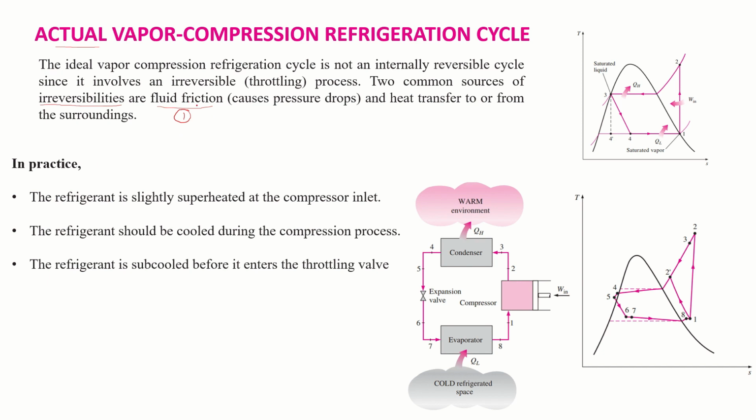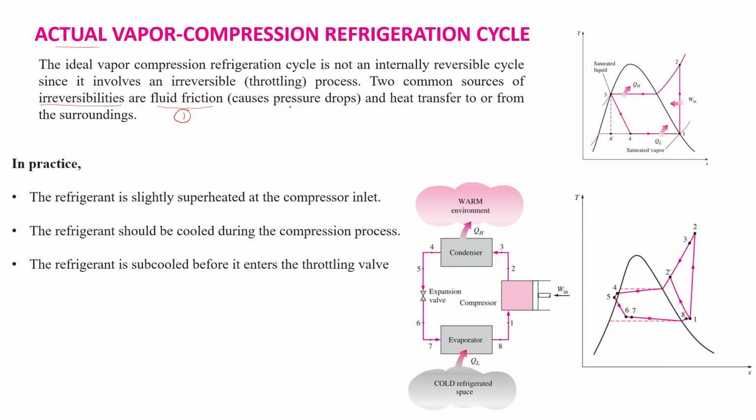As we know, when the fluid is passed through a channel or pipe or tube, there is wall friction, and the fluid sticks to the wall, and there is zero velocity at the wall, and due to this wall friction, fluid loses some of its pressure, which is in the form of pressure drop.